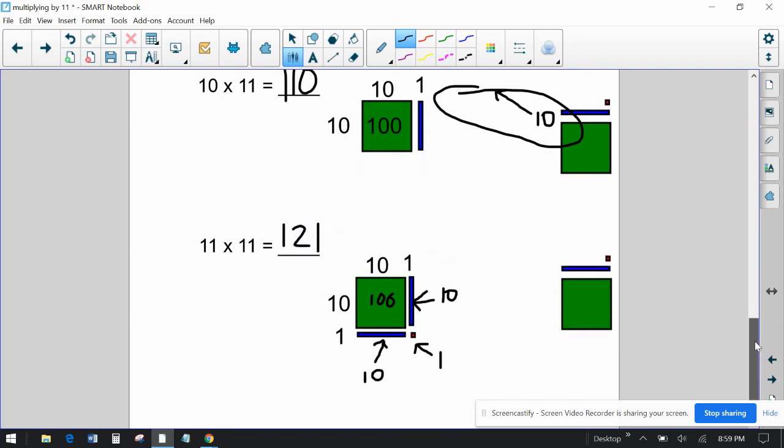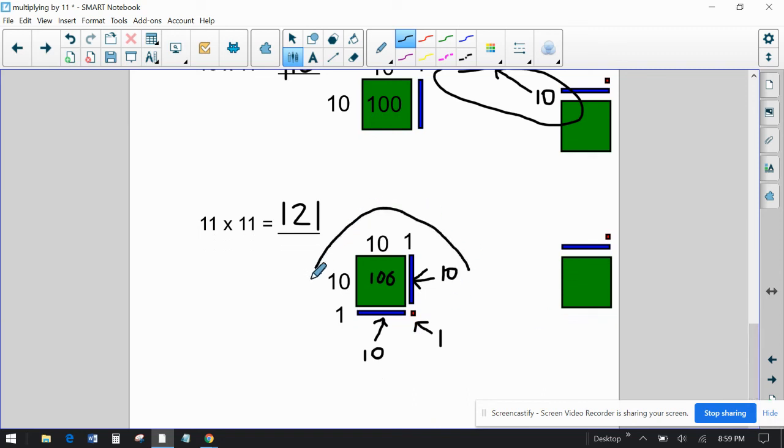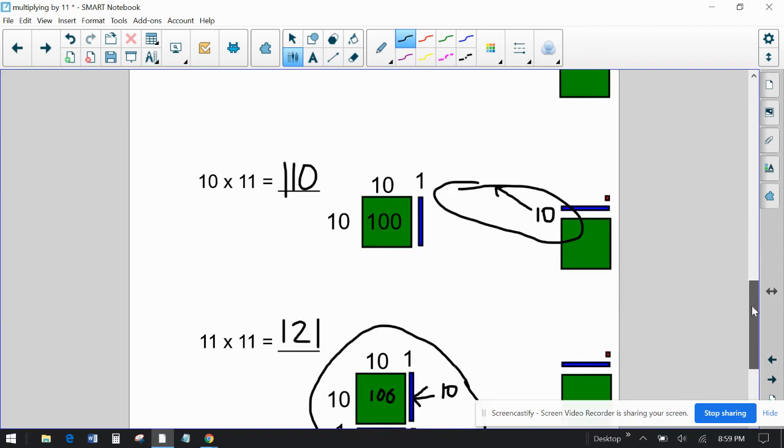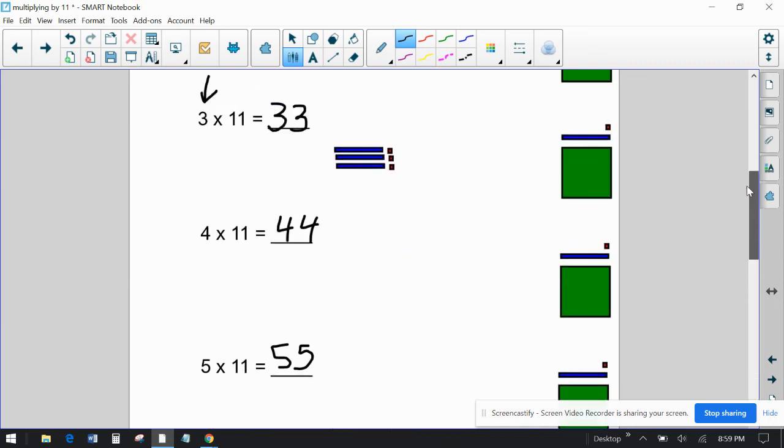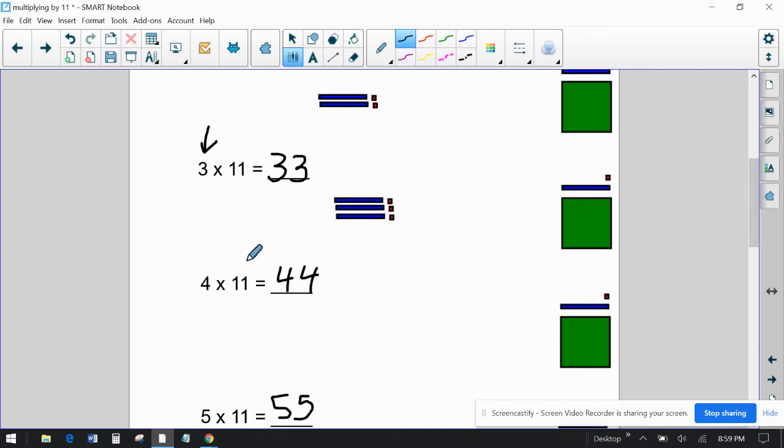So that's just a cool way of picturing some double-digit multiplication and learning about your 11s trick. When it's times a single-digit number, you're simply duplicating it.